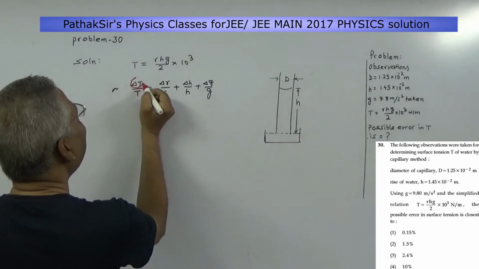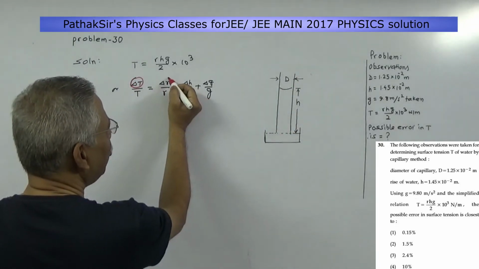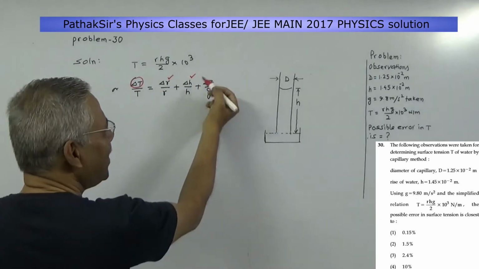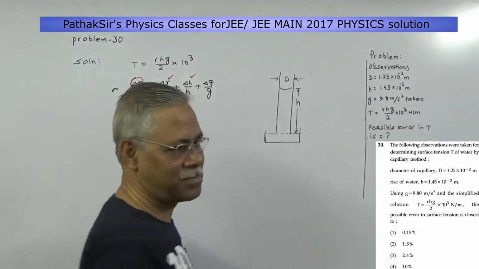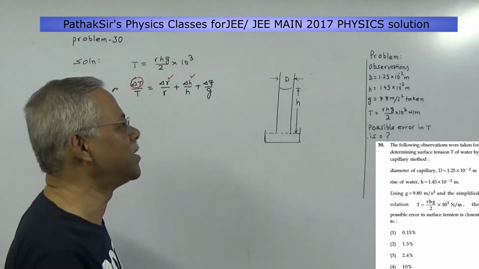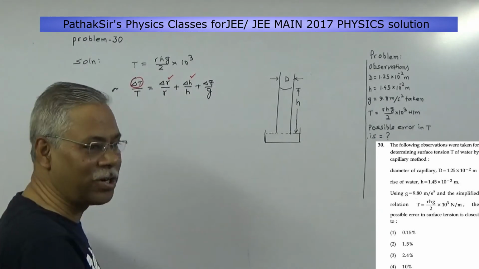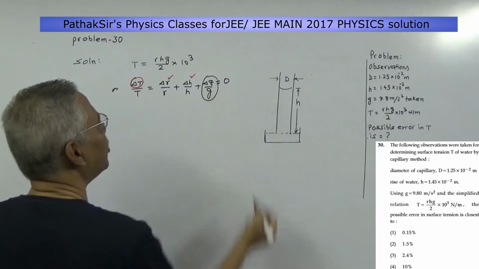Del T is the error in surface tension. You have to get del r, you have to get del h. And what is the error in del g? Error in del g is nil because you have taken the value of g, you have not measured it. Since you have not measured it, del g by g will be taken as 0 because this is not a measured quantity. So this whole thing is 0.